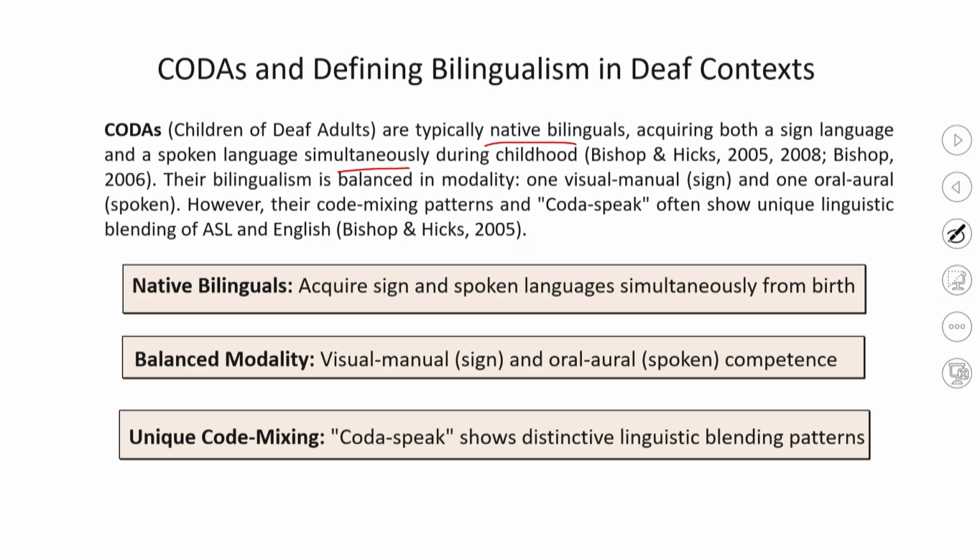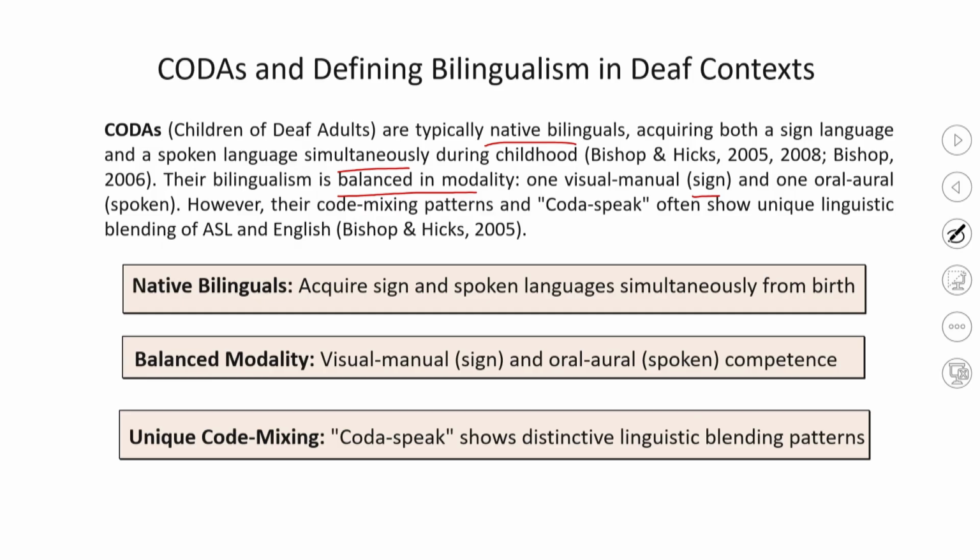Children of deaf adults are not necessarily deaf themselves. If they are deaf, that is a different thing, but if they are not, then they will be learning both the sign language and a spoken language at the same time. So, their bilingualism is balanced in modality, one visual manual which is the sign, and the other audio oral, that is the spoken language.